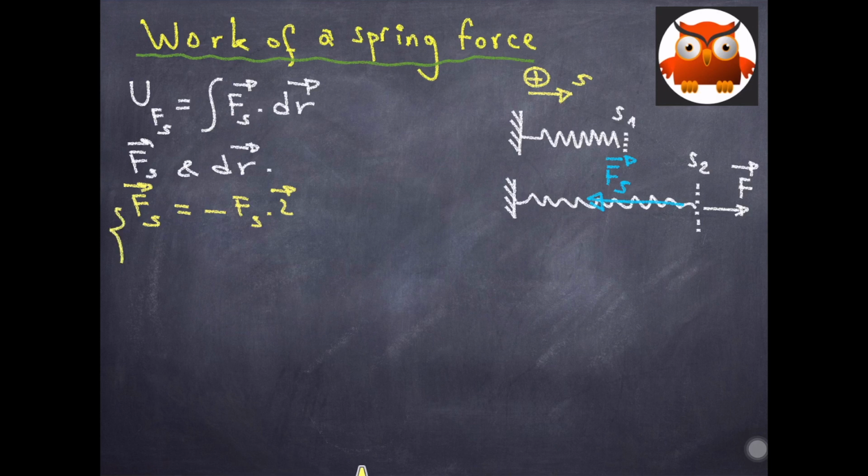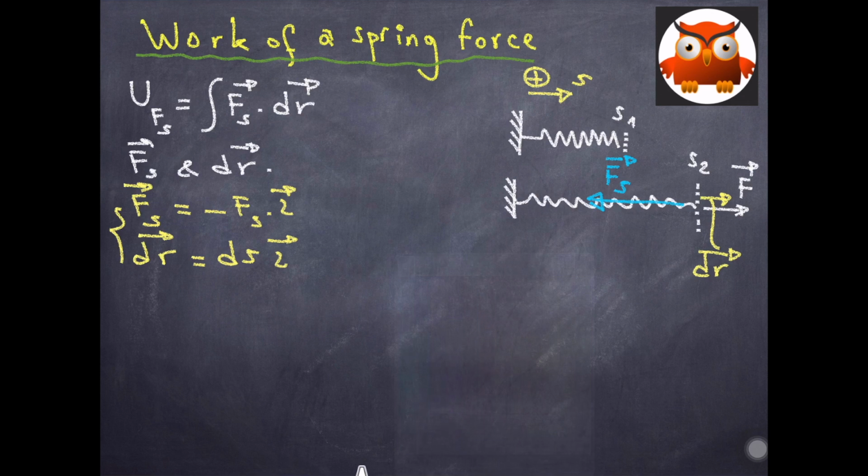and dr will be equal to, now dr direction, since you are stretching in this direction of F, this will be the direction of dr. So dr will be ds i, positive ds i.